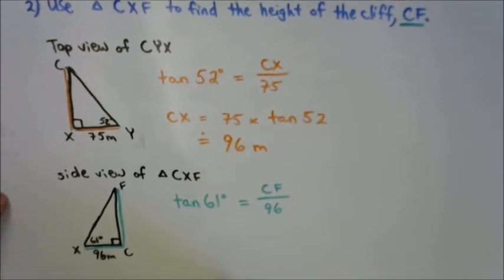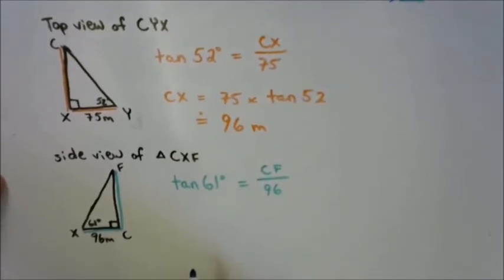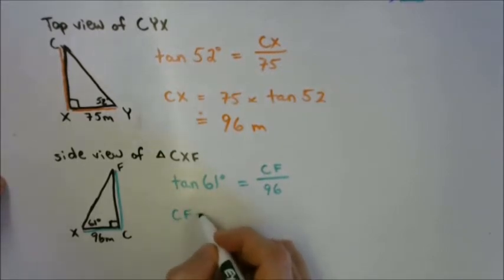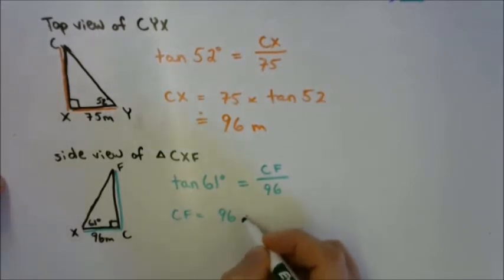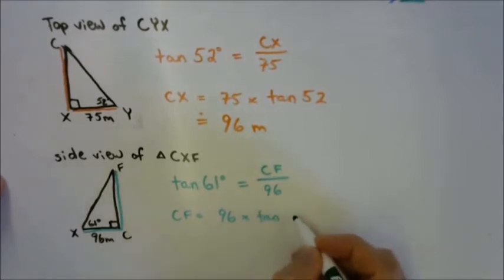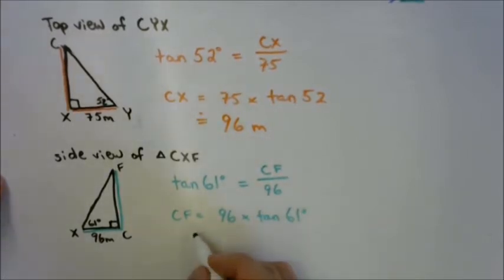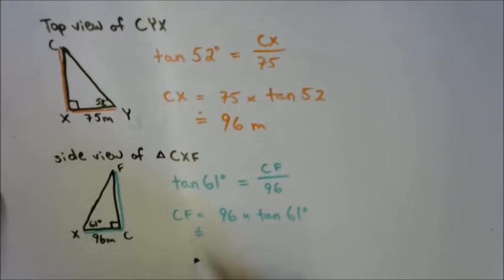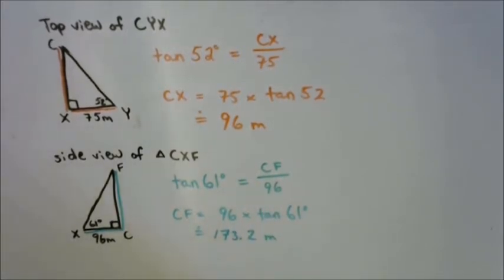How do I solve for the height of the cliff? Multiply both sides by 96. I get CF equals 96 times the tan of 61 degrees. In our calculator, that's going to be 173.2 meters. Are we done?